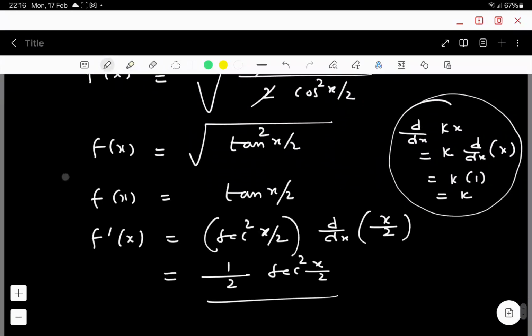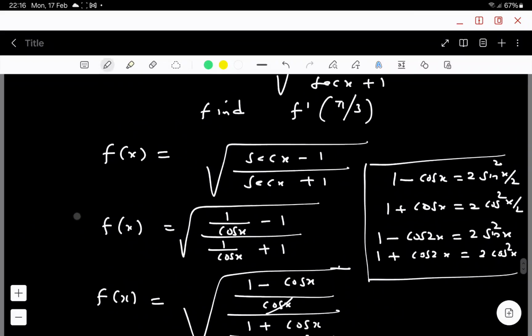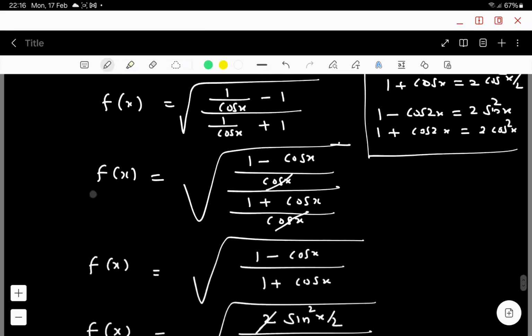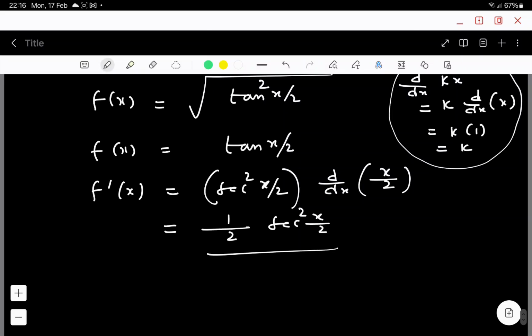Okay, and then the question is find f dash of pi by 3. This is f dash of x. To find f dash of pi by 3, we substitute x is equal to pi by 3.